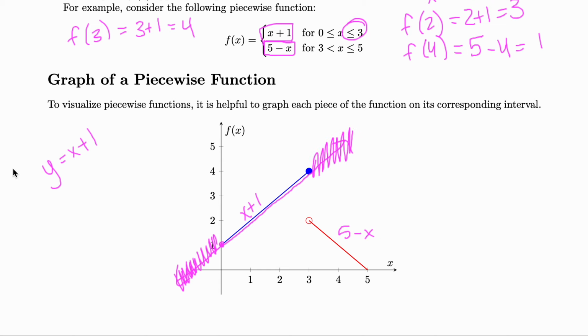So it's literally just graph the function and then erase any parts that are not within this range on the right side of the piecewise function. I would do the same exact thing for the one below. The only other thing to remember is if you have less than or equal to or greater than or equal to, you're going to fill in the circle. If you only have less than or greater than, you're going to leave the circle open.